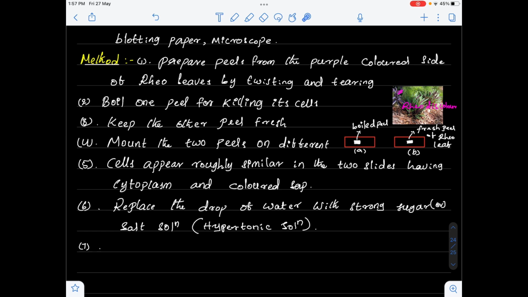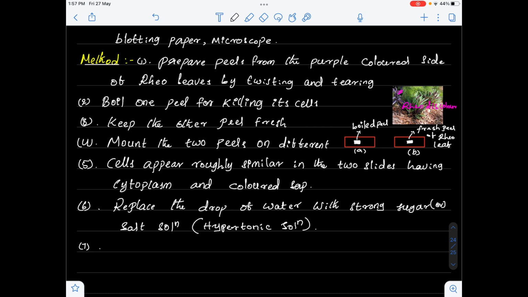A drop of solution is placed on one edge of the cover slip and water is removed with the help of blotting paper. When the glass slide is slightly tilted to one side, water comes out from the other edge and that water can be wiped out by using the blotting paper.